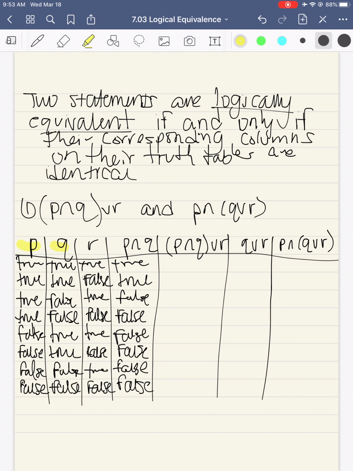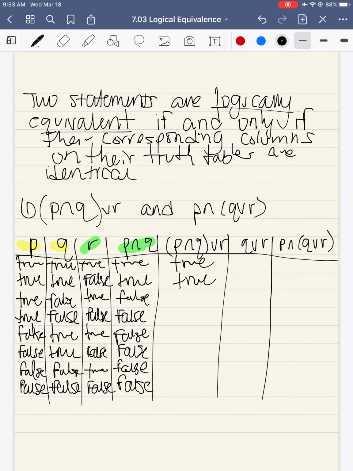So then lastly, to fill out this one, we're going to look at this column here and this column here, and they're connected with or. So or is true if at least one of them is true. So here we have true or true, so that is true. False or true, that is true.